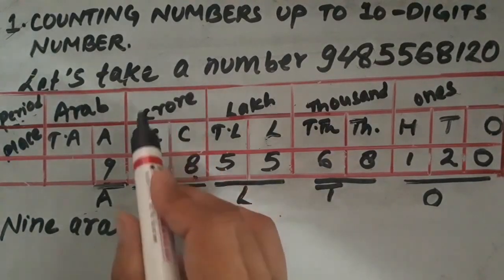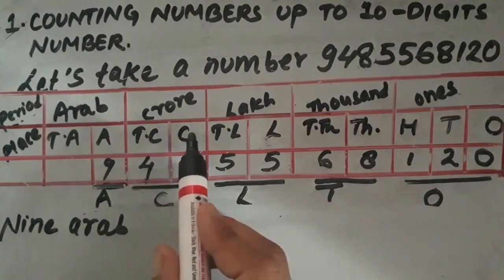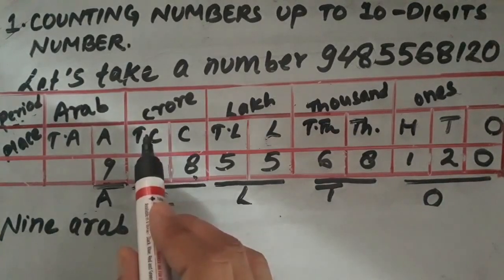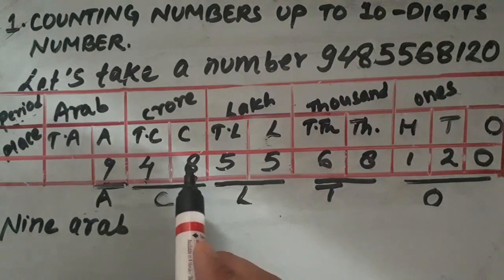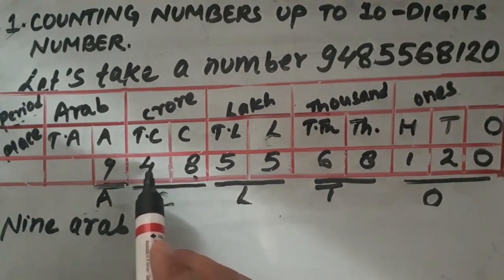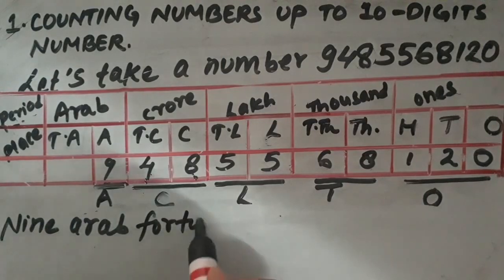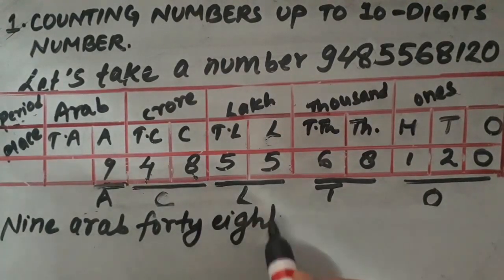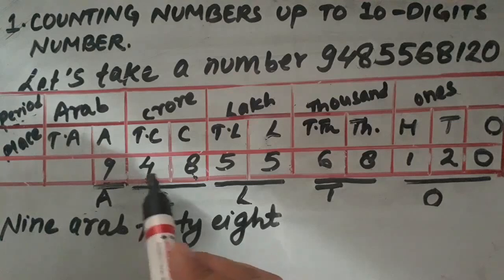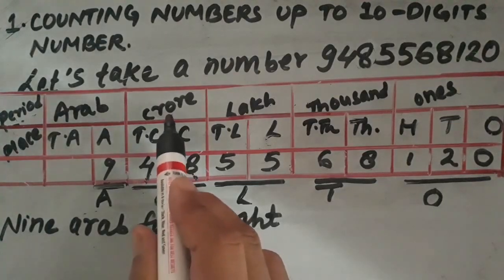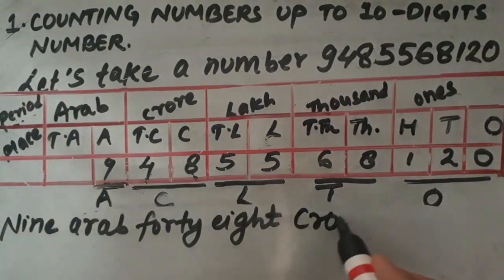Now the period of crore consists of 2 places, that is crore and 10 crore. So at crore there is 8 and at 10 crore there is 4. So it means 4, 8, 48. So let's write 48. So students, 48 comes under the period of crore. So therefore we write crore.